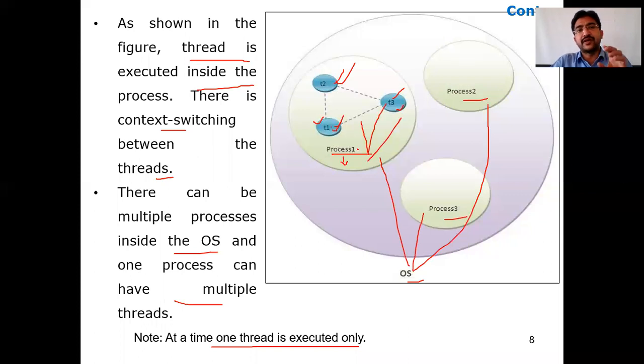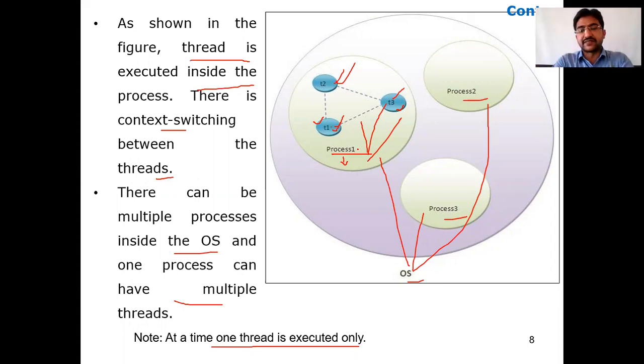Means in a single program, we can perform multitasking, that is multi-thread, but at a time only one thread can be executed. Means when you are giving printing, we are making some formatting. So printing is a thread, and this is another thread. And again, if you want to perform another thread, at a time only one thread can be executed.